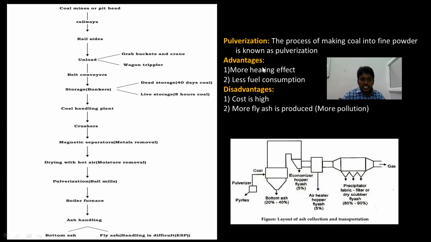But the disadvantage of pulverization is that the cost is high, because we are pulverizing into powder. It requires a lot of energy, so the cost will be high. Also, fly ash, the ash which goes through smoke, is a problem. When you burn a piece of wood, after complete combustion you'll see a lot of ash on the land, and the fly ash remaining will be very small.